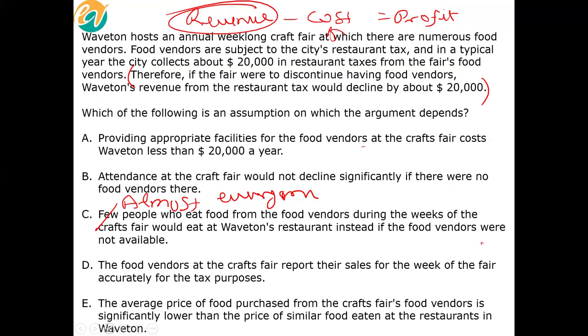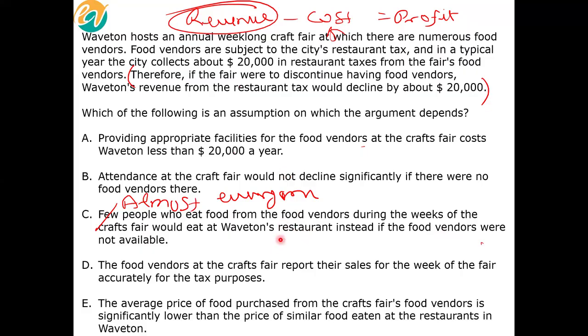Okay, now what is Charlie saying after negation? That if food vendors were not available, which is the plan here, then all people who used to eat at the food vendors would now eat at the restaurant.